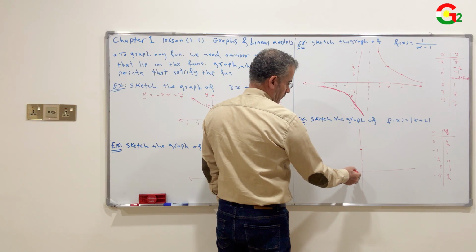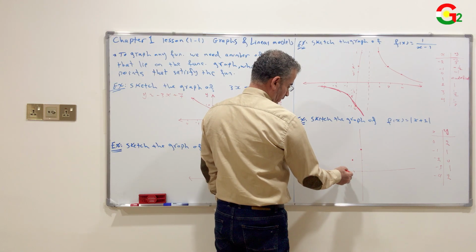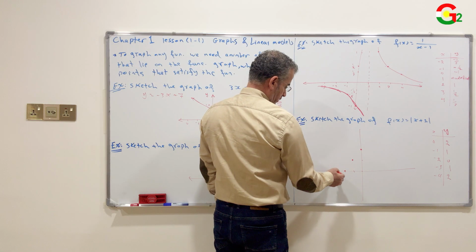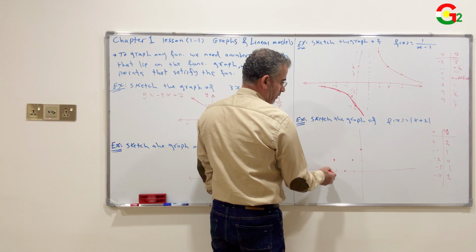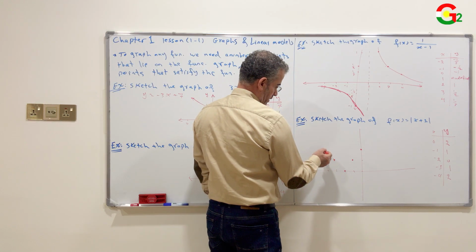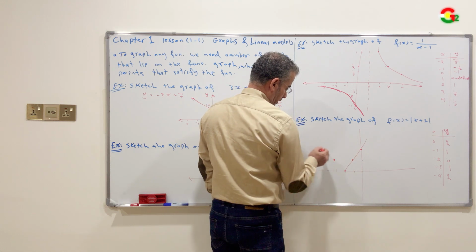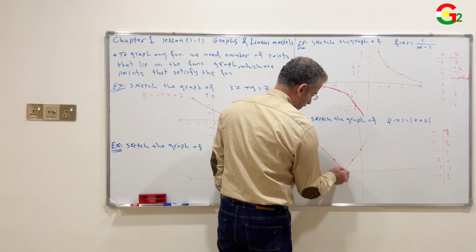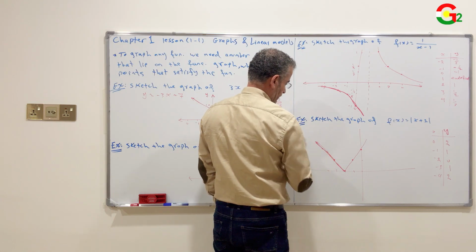When x equals negative 1, y is 1. When x equals negative 2, y is 0. When x equals negative 3, y is 1. When x equals negative 4, y is 2. Then the graph of this function looks like this.